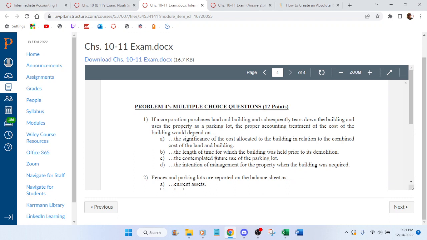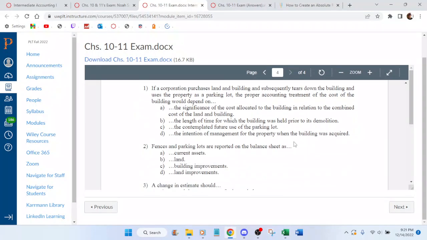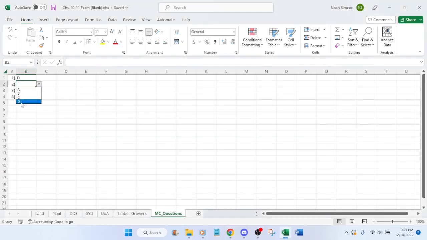No, I believe it's the intention of management for the property. So it's D. And then 2, fences and parking lots are reported as land improvements, D. How come it's D for both? I don't remember answering D for both.